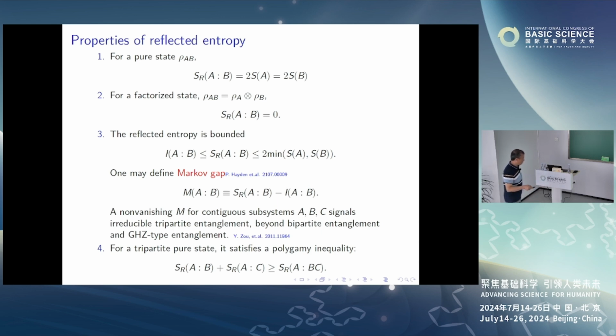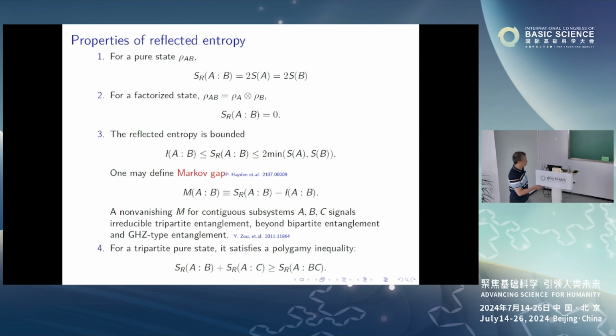From this inequality, one can define the so-called Markov gap between the entropy and the mutual information. A non-vanishing Markov gap, for a contiguous subsystem ABC, signals irreducible tripartite entanglement, beyond the bipartite entanglement and the GHZ type entanglement.